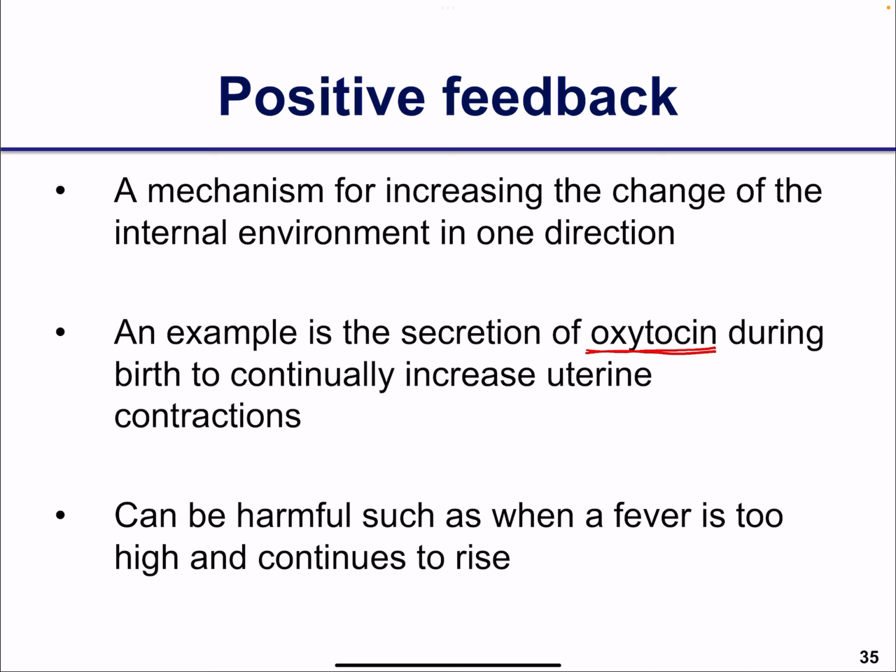By causing a contraction of the uterus, this is going to cause the baby to go even further down on the cervix. I said the cortex, no, it's the cervix, I'm sorry. So the head of the baby is going to apply more pressure on the cervix, and by applying more pressure, this is going to cause more release of the oxytocin.